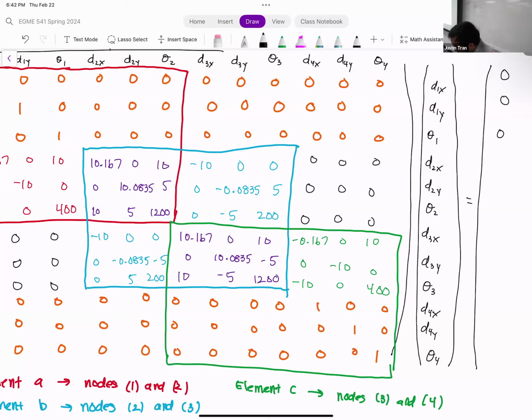For node 2, we have a 10,000. Okay. To represent the 10,000 pound load that's being applied on node 2. Then we have 2 more zeros. Okay. Node 3, we have a counterclockwise moment of 5,000 pound inches. And so we're going to apply that on the theta 3 row. So this can be 5,000 here. Okay. And then node 4 is just going to be all 0. So 0, 0, 0. Okay.